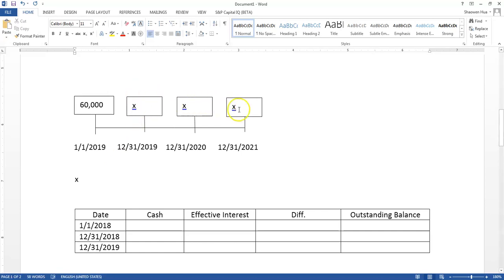X amounts, the first X, divided by 1 plus interest rate, power of 1, plus the second X divided by 1 plus interest rate, power of 2, because the second payment of X will be discounted for 2 years, plus the third payment X divided by 1 plus interest rate, power of 3.